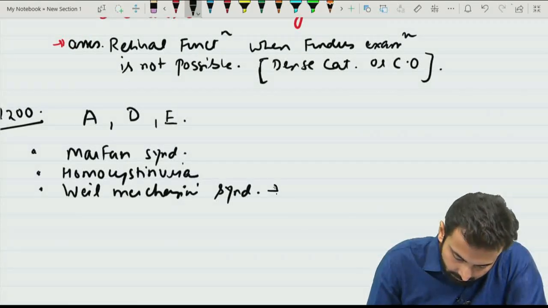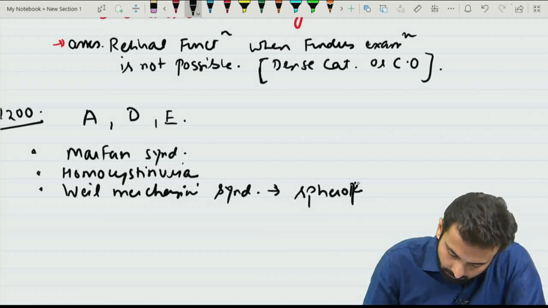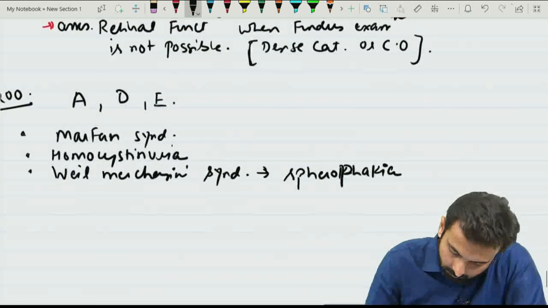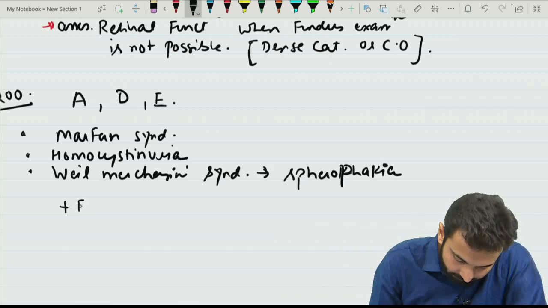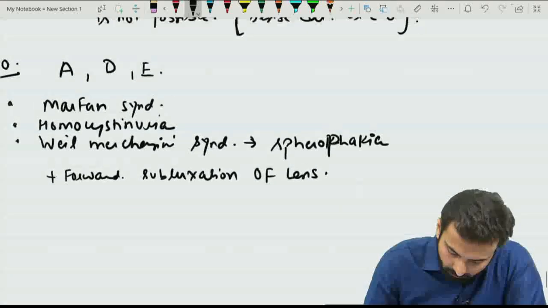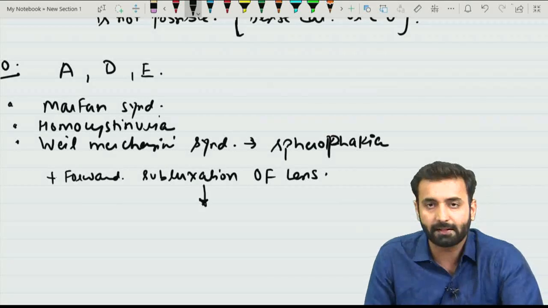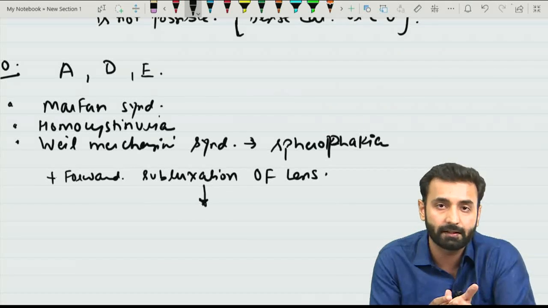The ocular features of Weill-Marchesani syndrome are spherophakia, meaning spherical lens, plus forward subluxation of lens towards the anterior chamber.